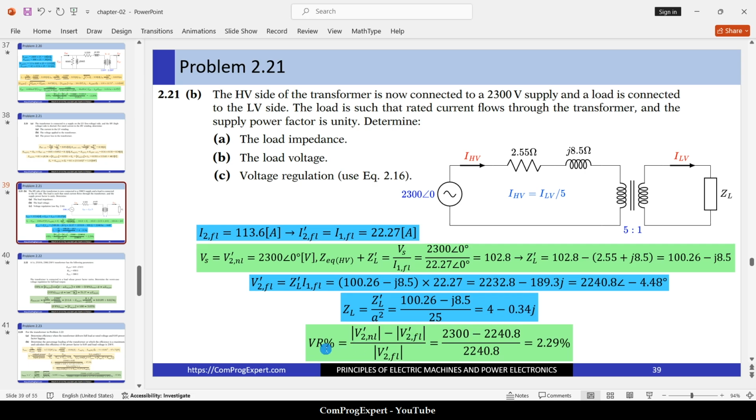Finally, we can calculate the voltage regulation using this equation: amplitude of V2 prime no load minus amplitude of V2 prime for the full load condition, divided by the same. If you replace the numbers, we have this voltage regulation.